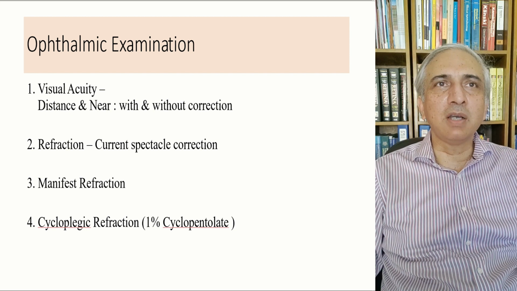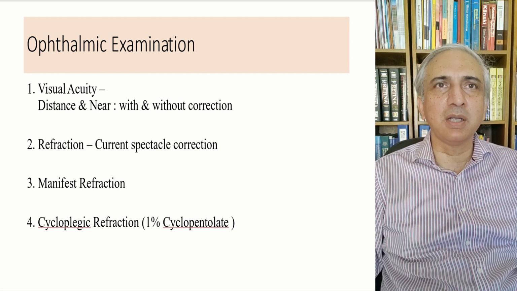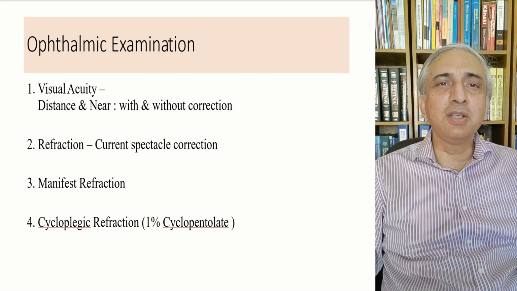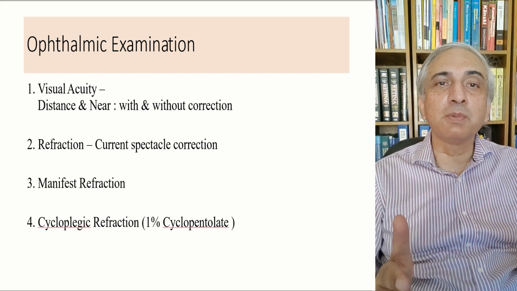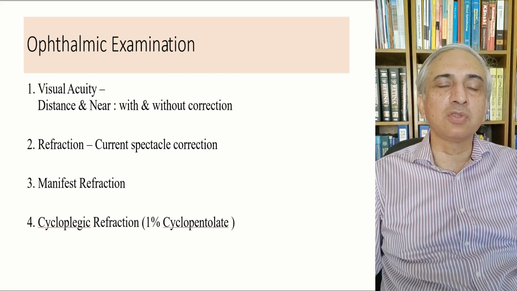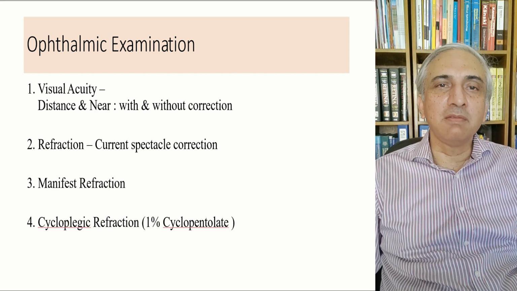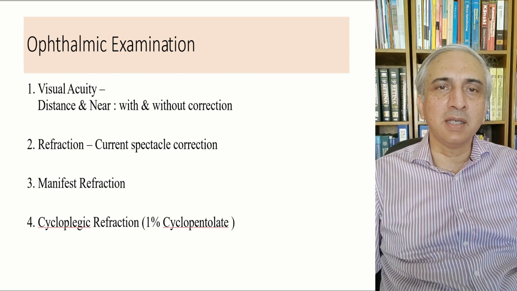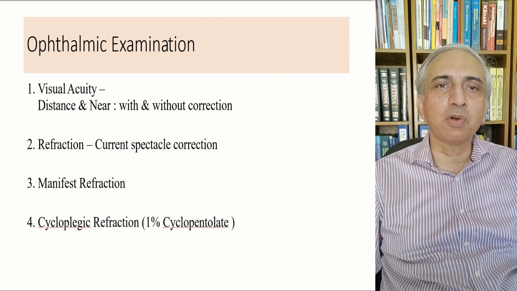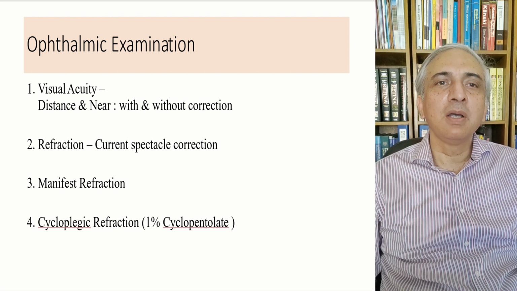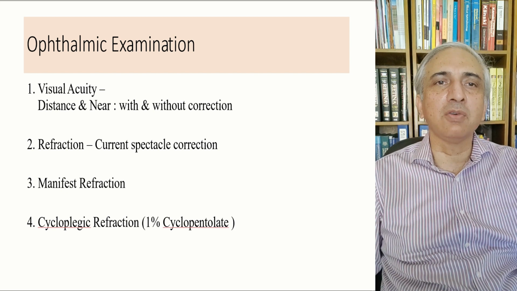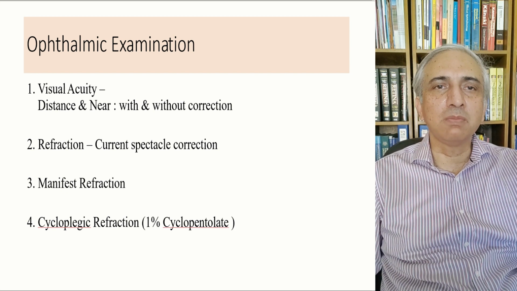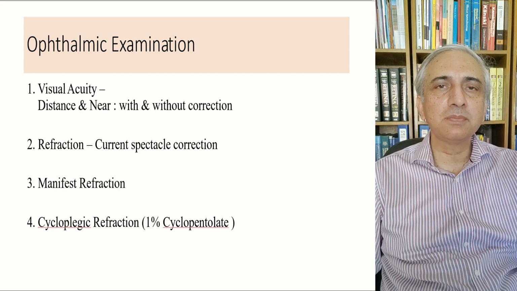And then you need to have a refraction, which needs to be current, and spectacle correction. And you need to evaluate what's the difference between the current and the old refraction so that you can see if the patient's refractive error has stopped progressing, because you need to have a one year gap when the patient does not have any increase in refractive change before you do any surgery.